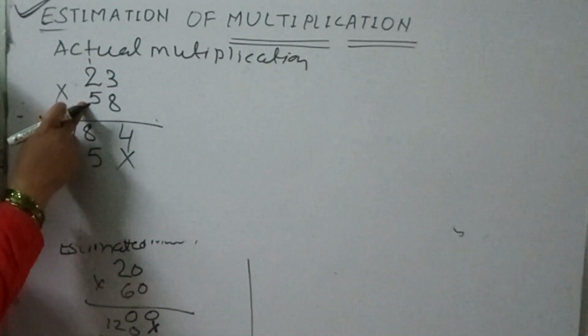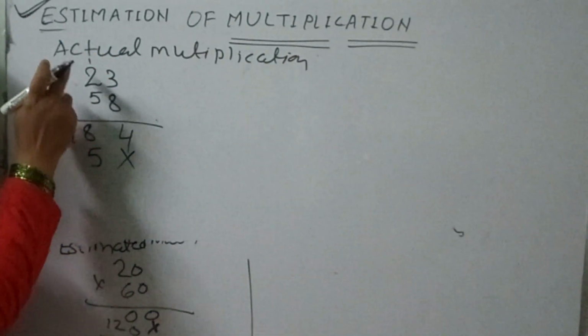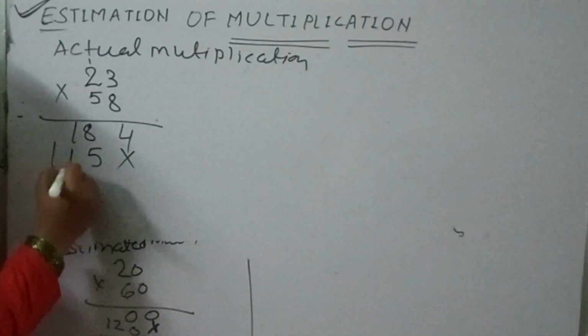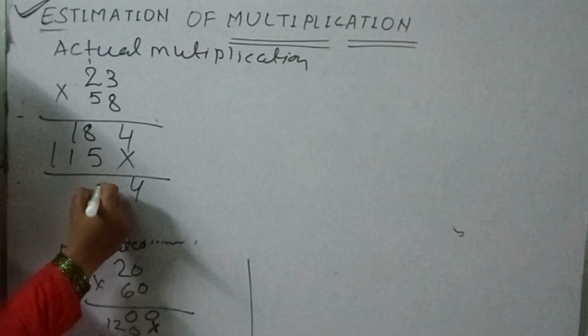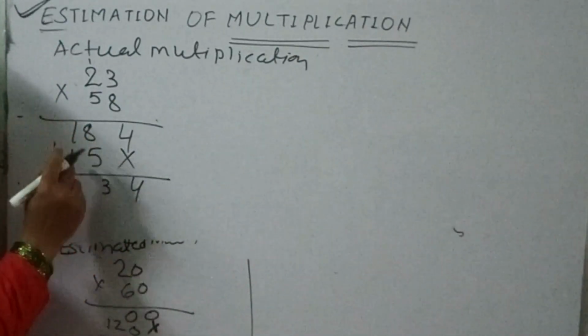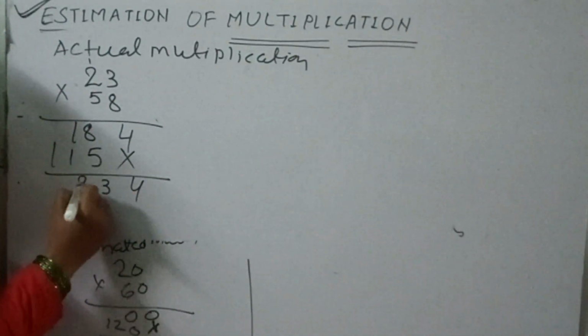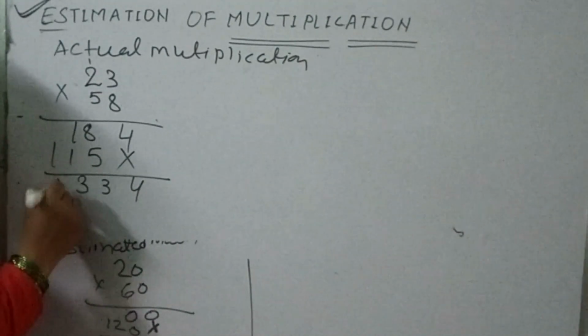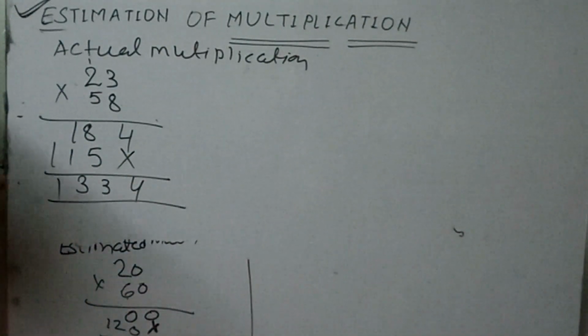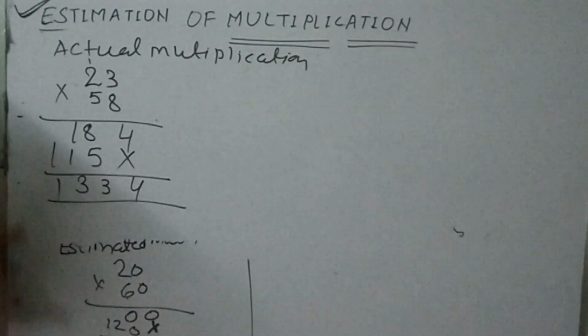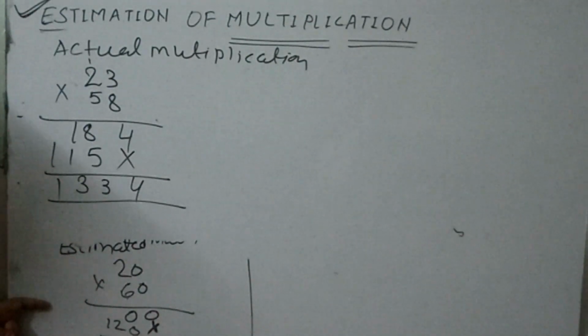Read the table of 5, 2 times: 5 twos are 10 plus 1 is 11. Then add the numbers: 4, 8 plus 5 is 13, write 3 and 1 is carry, and 1 plus 1 plus 1 is 3, then 1. That is your actual multiplication, and this one is the estimated multiplication.